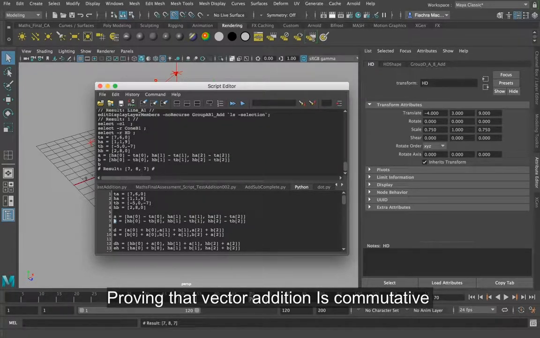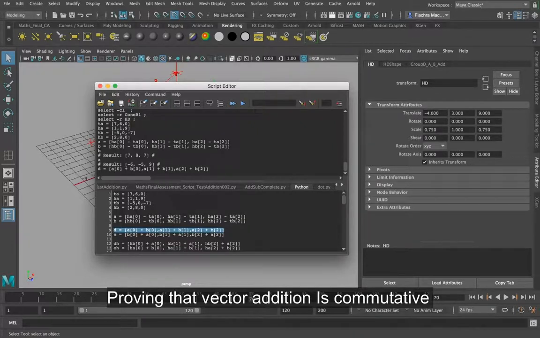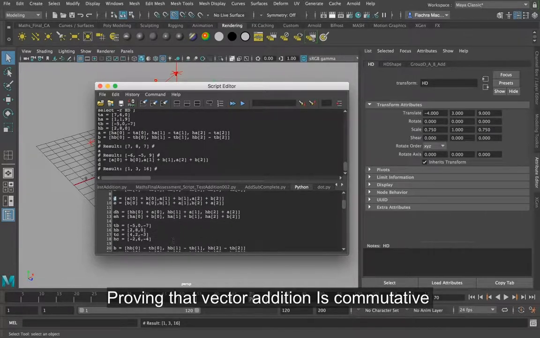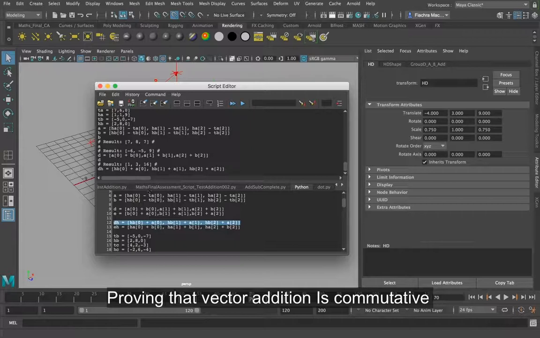So the result of that is 7, 8, 7, and the result of A is -6, -5, and 9, and essentially you can then run D. But to then get the exact position of D, we can run this code here, which will give us the exact coordinates of D.